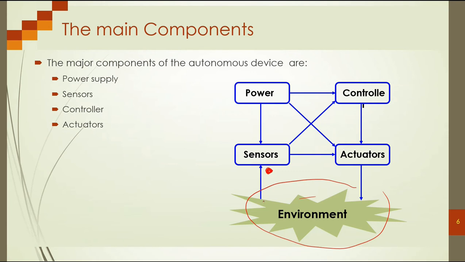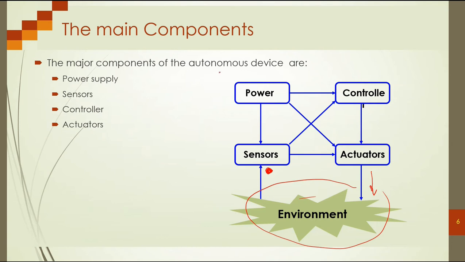Anything coming from the environment comes through the sensors, and then the internal process. After that, the output is through the actuators. So maybe you can see now the function of each one based on this diagram. The function of the sensor is the input, so all the input devices.